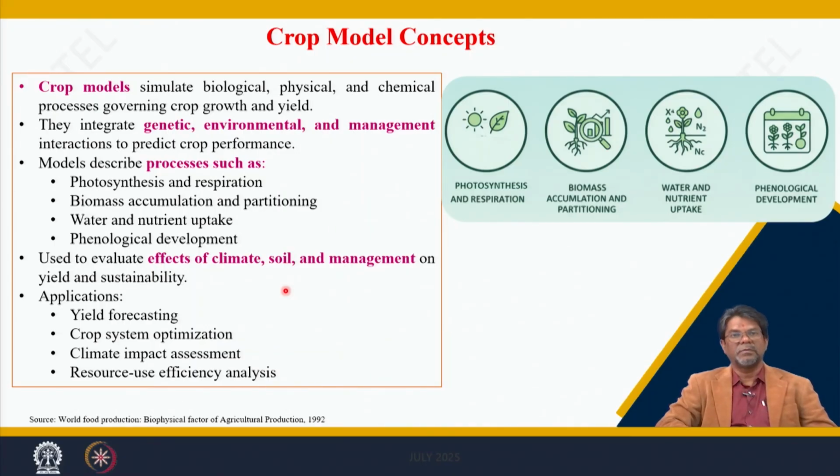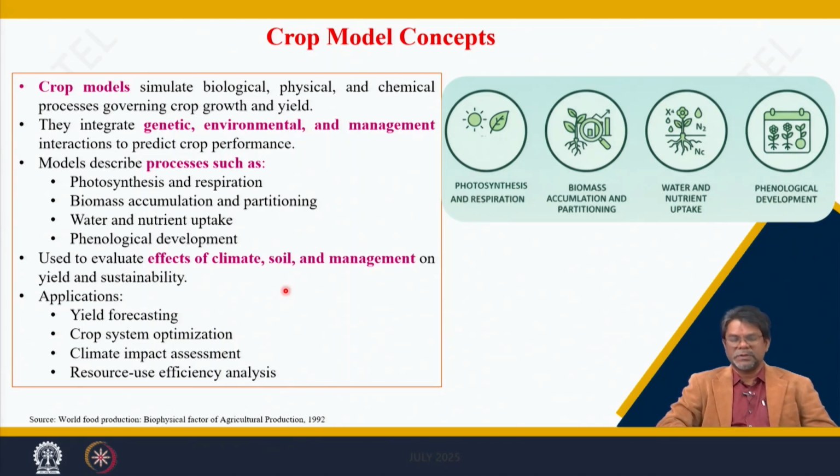So, how do you understand the effect of climate change? It may be rising carbon dioxide, rising temperature, change in radiation. How are they going to influence ultimately the crop biomass and the crop yield?